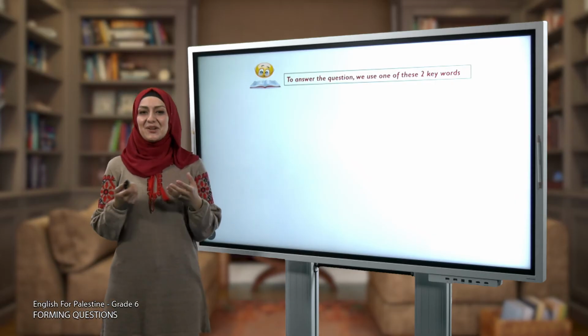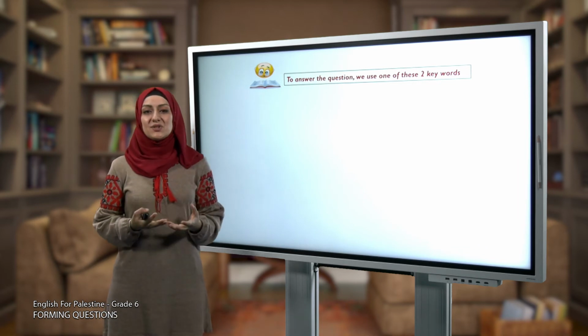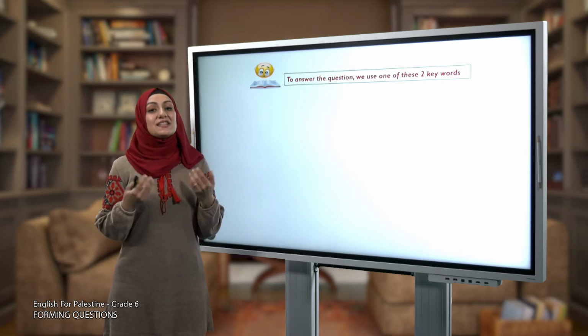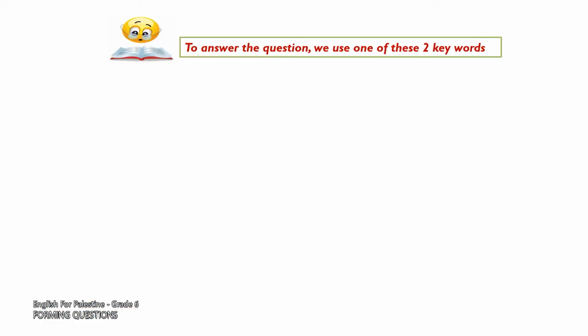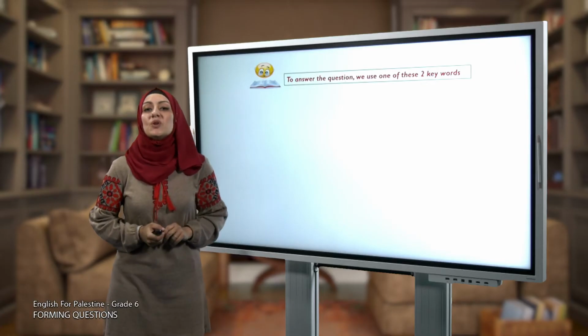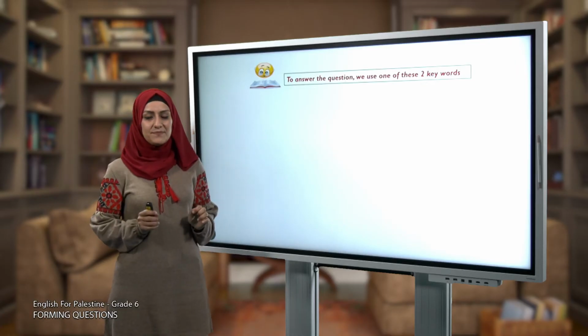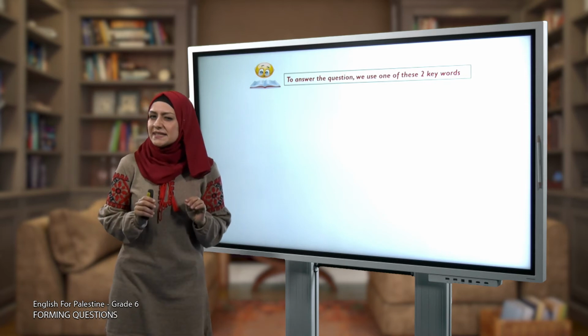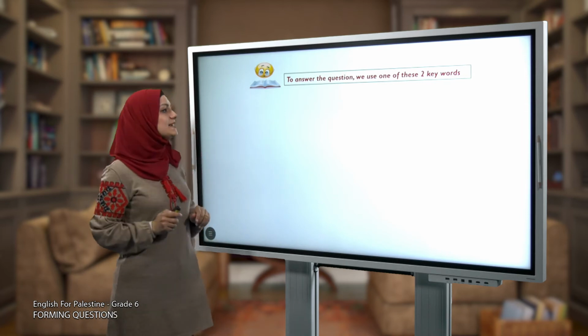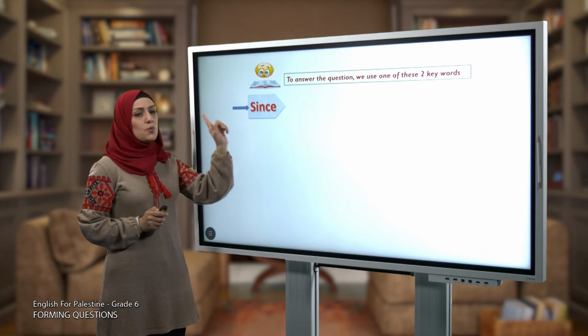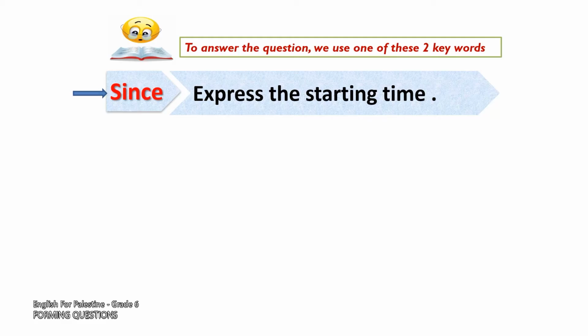Now let's answer the question. When we answer a question that starts with how long, we either use since or for. These two keywords help us to know the period of time. But do they have the same meaning? Let's see. We use since if we want to express the starting time.